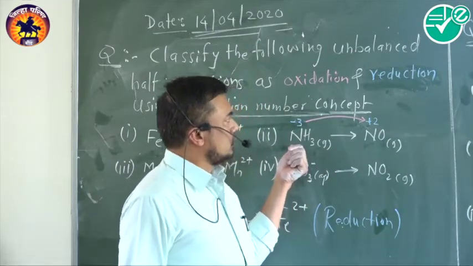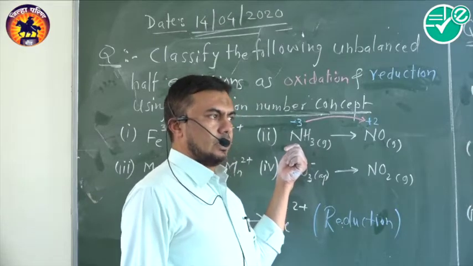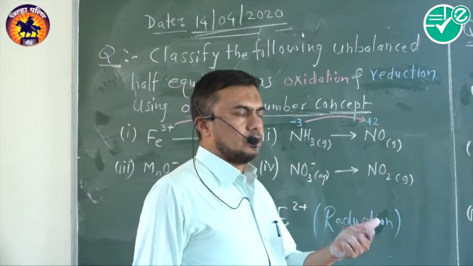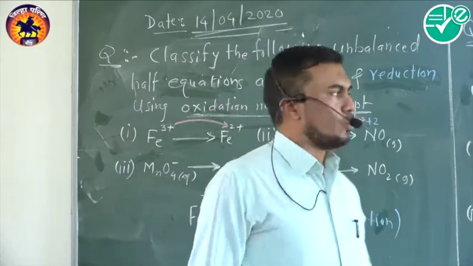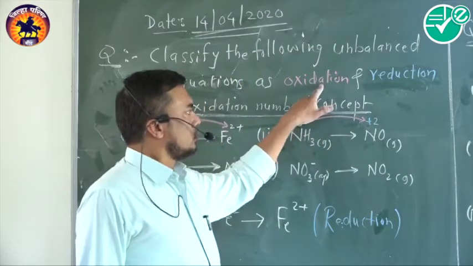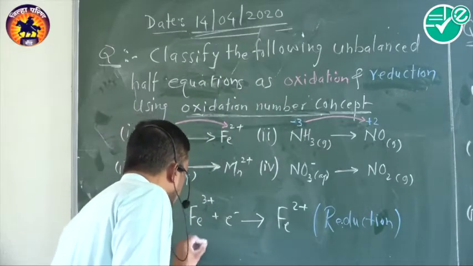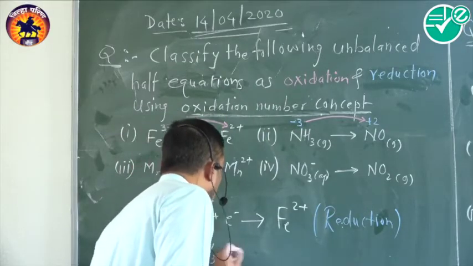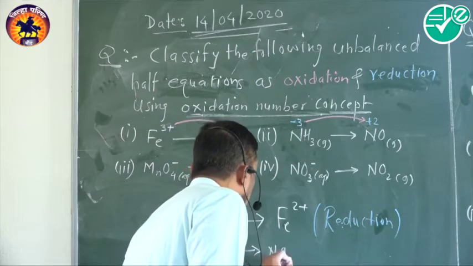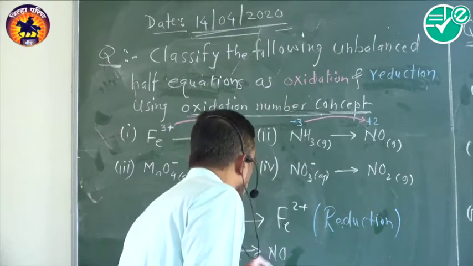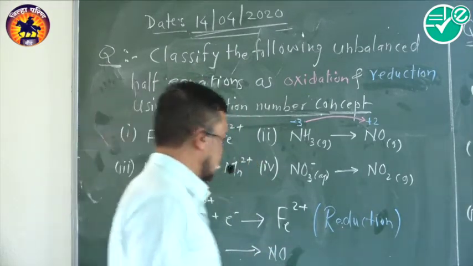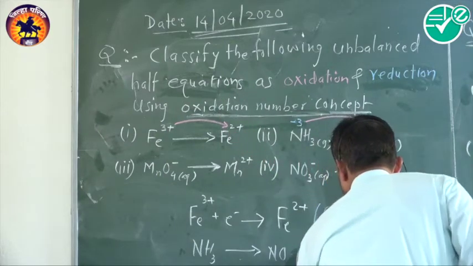As we know, if the oxidation number increases, we call it an oxidation process. So we'll write here NH3 changes to NO. So this reaction is oxidation.